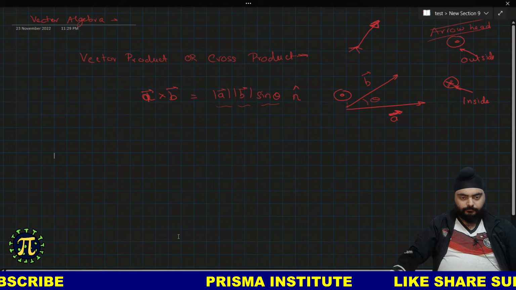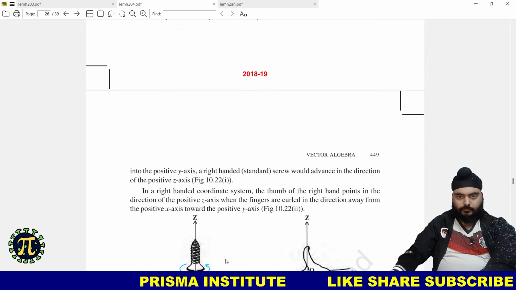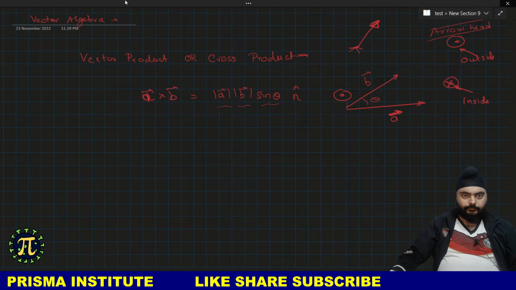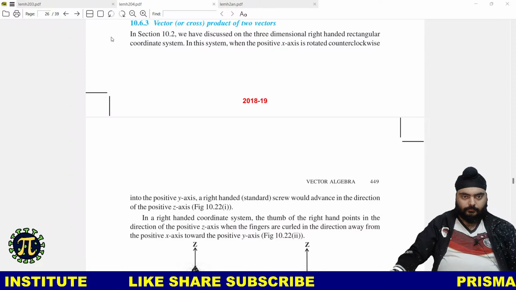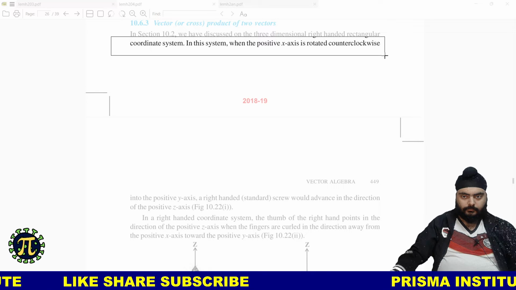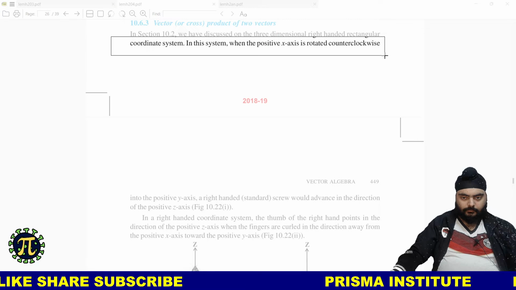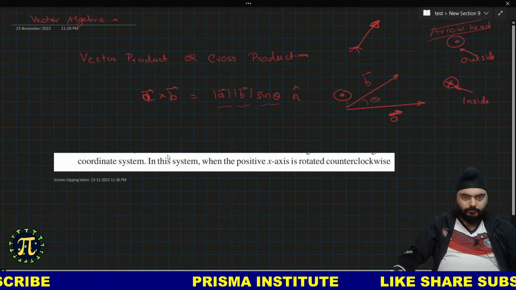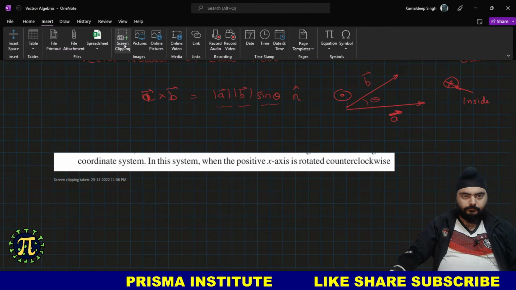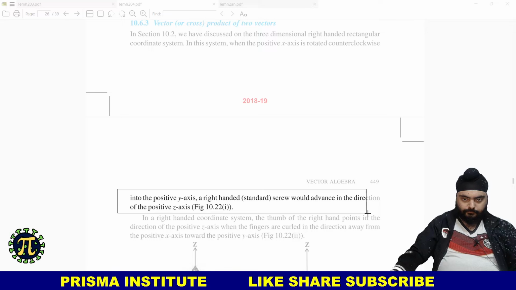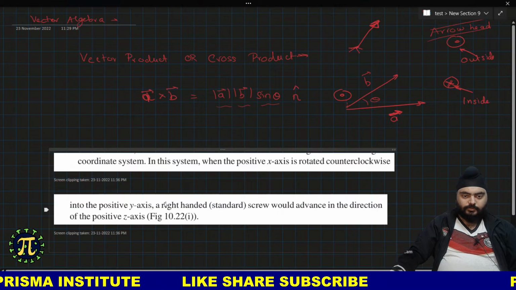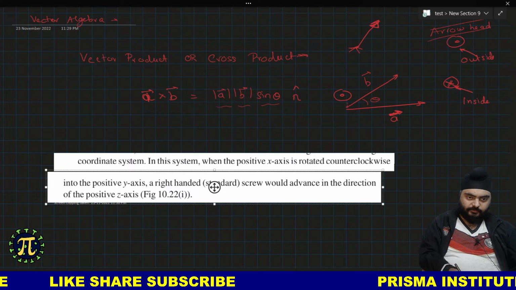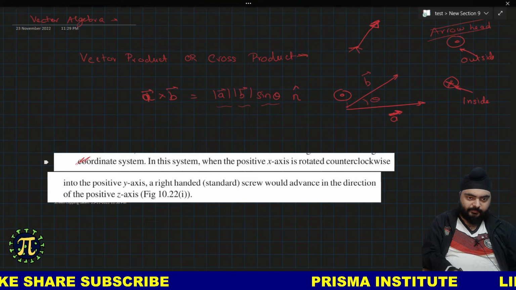So he has explained this using a simple example of x, y and z axis. So NCERT इसको x, y और z axis के respect में explain कर रहा है.